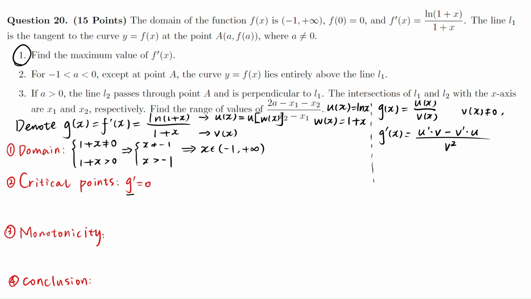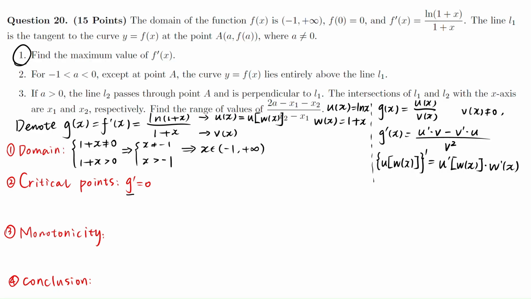So for a composite function, we have this formula. If we want to take the derivative of the composite function, it is equal to u prime of w of x times w prime of x. It is called the chain rule.